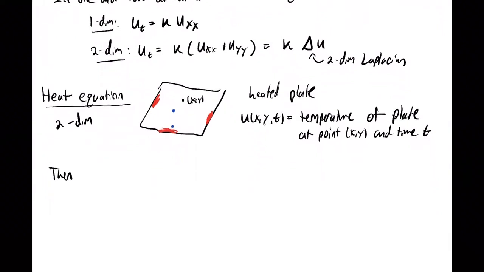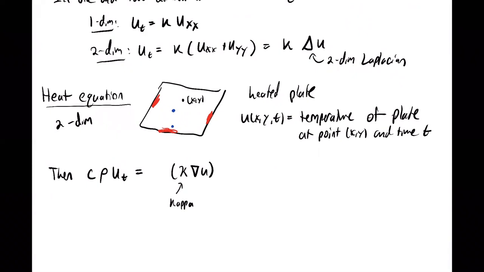It takes the form: you have some constant c, and then some other constant rho, times the time derivative, or derivative of u with respect to t. And this is equal to some other constant, usually referred to by the Greek letter kappa, times the gradient of u.